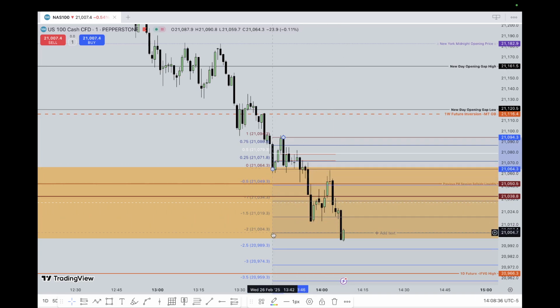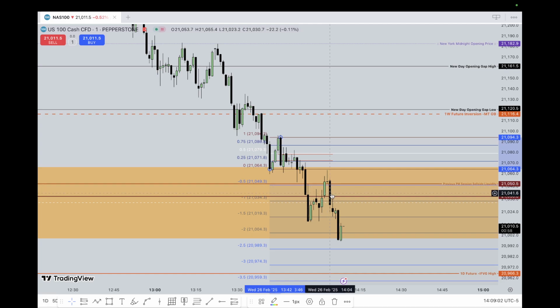Closing below the -2, I would want to see this as resistance correlated with the lower quadrant and the inversion gap low. And if I was to trade this, my stop would be above the consequent encroachment of this here because of everything that I have stated. This should be left open.